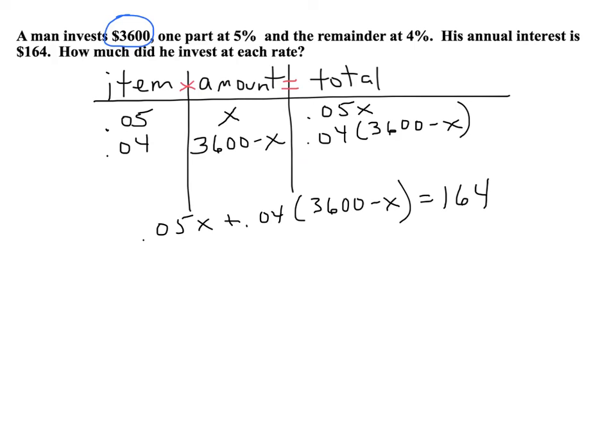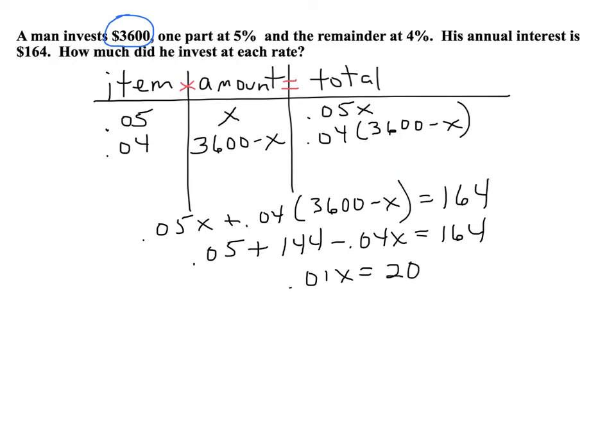If I solve this now, and once again I'm going to do this fairly quickly, 0.05x, and then if I multiply 0.04 times 3,600, I get 144 minus 0.04x is equal to 164. Continuing to solve, I get 0.01x is equal to 20.